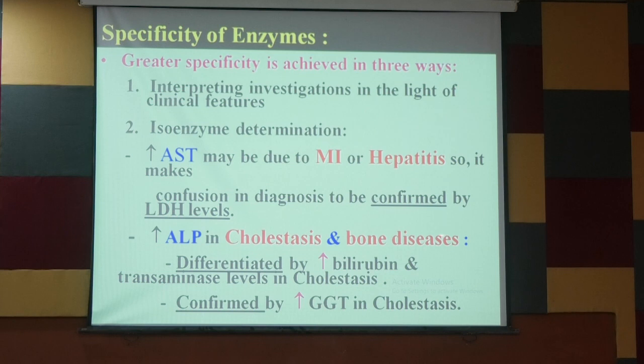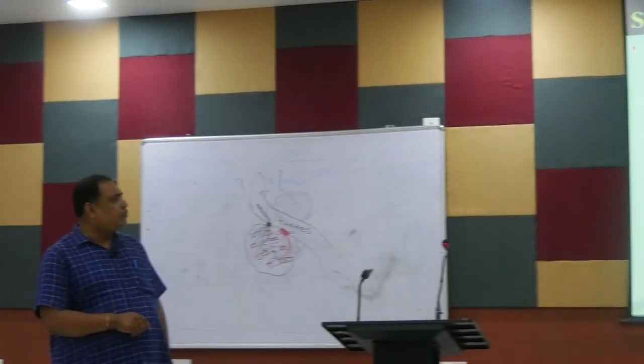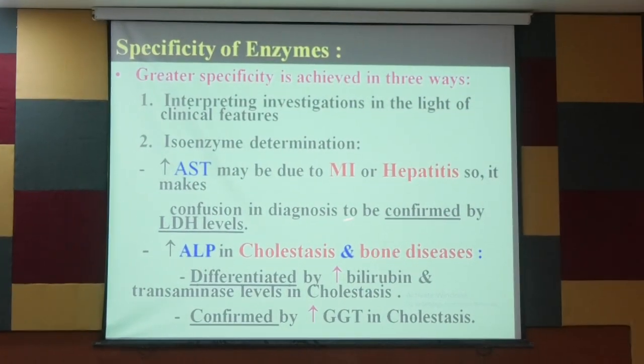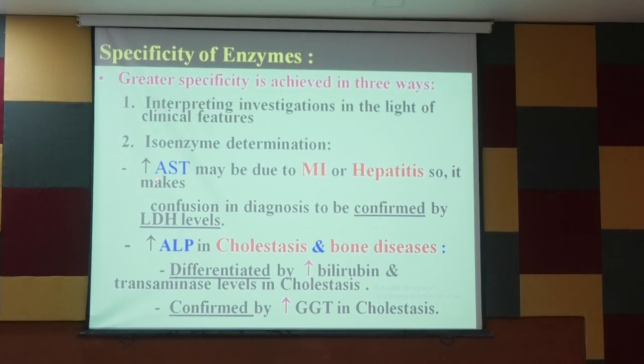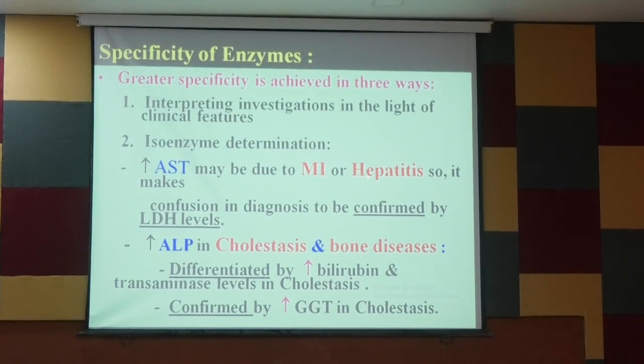ALP, cholesterol and bone disease, diffusion by elevated bilirubin and transaminase level in cholestasis. Just go through these lines and tell me whether you have understood or not. AST may be high due to MI or hepatitis, so it creates confusion in diagnosis.